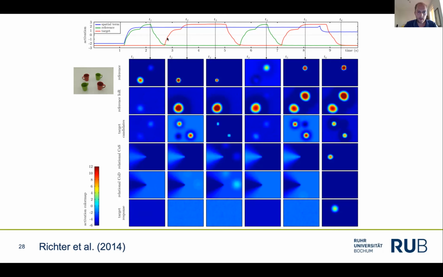At the next point in time, the target process has become active, calling the two red target candidates to be stored in the target candidates field. Meanwhile, the spatial term process has become active in parallel, causing the left pattern to be fed into the relational field. Since none of those two red target candidates are in fact to the left of the selected green reference object, the relational field does not form a peak.